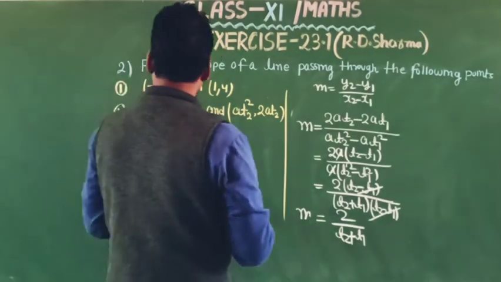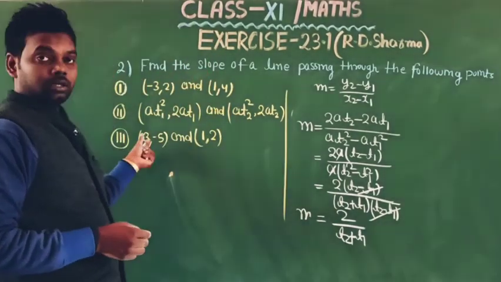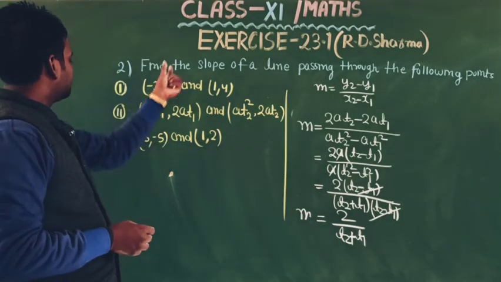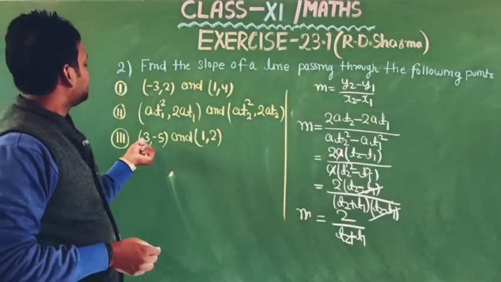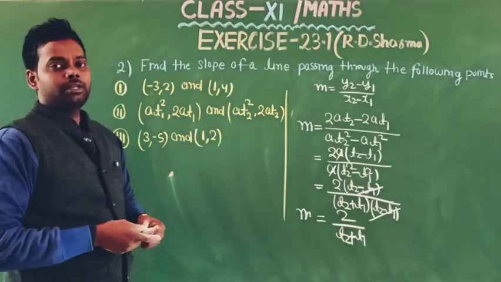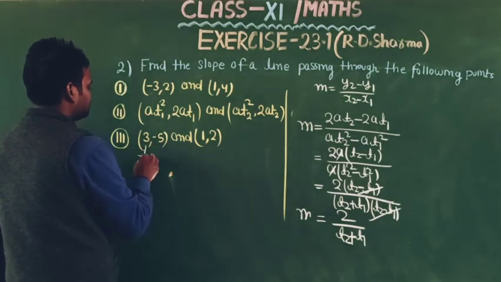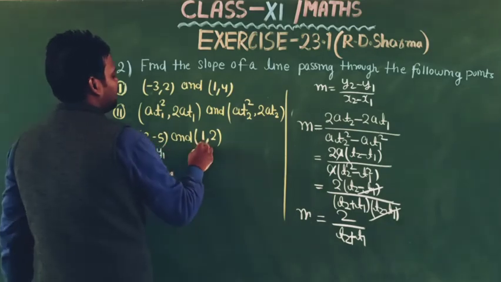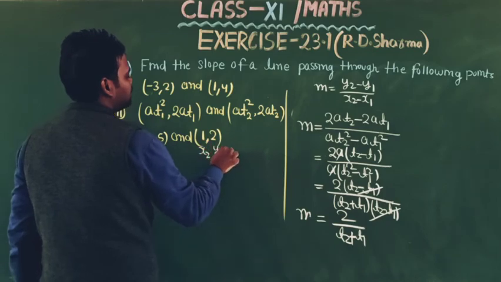And the third part. This has been given: (3, -5) and (1, -2). So the x1 coordinate is 3 and the y1 coordinate is minus 5, the x2 coordinate is 1 and the y2 coordinate is minus 2.